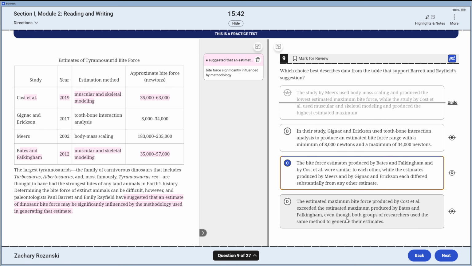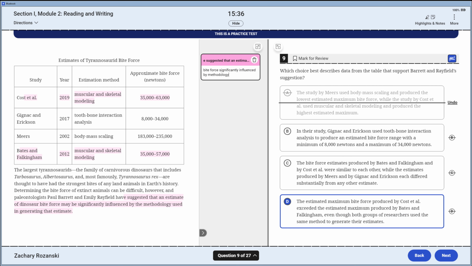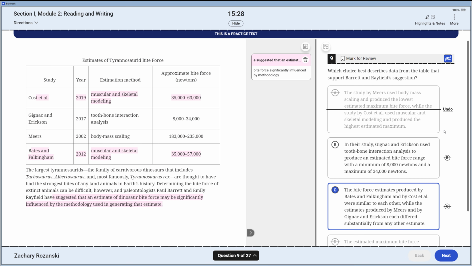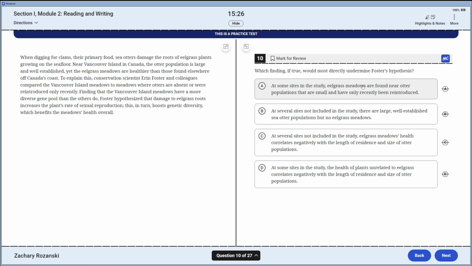They use the same method. I don't even need to check this to know that this claim, even though both groups use the same method, isn't saying that the methodology is bad. We're saying that bite force is influenced by methodology. This would be a different claim, though I could imagine it in a text. C is going to be the right answer. Don't forget, cross this out. That's trash.